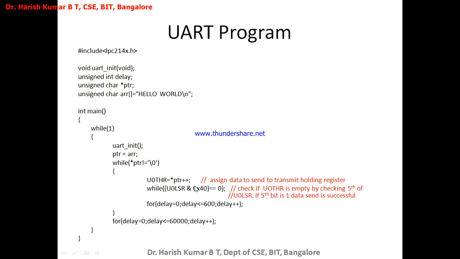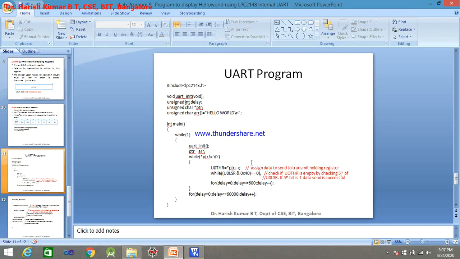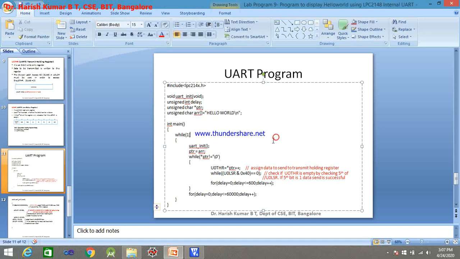Now, why have I written 0x40 only? Because when you write this 40 in binary, let me write it here. In binary I am writing 0100 and four zeros. This is 4 and this is 0.